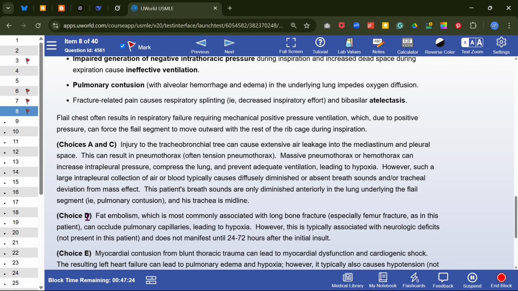However, such a large intrapleural collection of air or blood typically causes diffusely diminished or absent breath sounds or tracheal deviation from mass effect. These patients' breath sounds are only diminished anteriorly in the lung underlying the flail segment, pulmonary contusion, and his trachea is in midline.